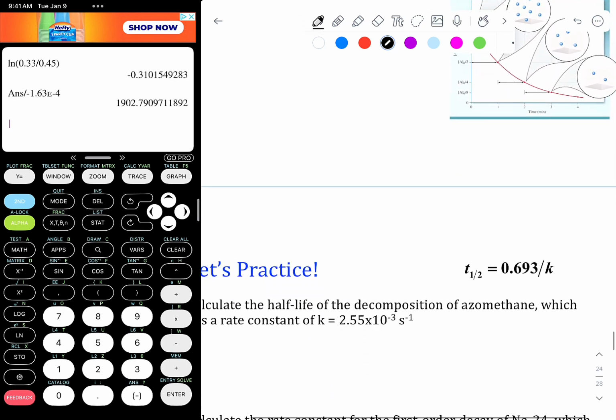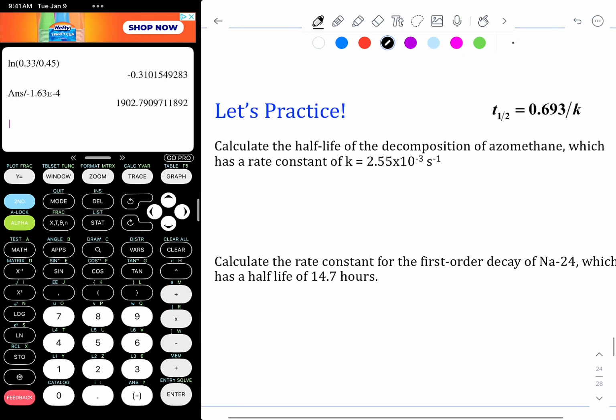So let's look at how we're going to use that. We want to calculate the half-life of the decomposition of azomethane, which has a rate constant of K equaling 2.55 times 10 to the minus 3 1/seconds. So all we have to do to solve these problems is plug in that rate constant. 0.693, that's a constant value, divided by the K given in the problem.